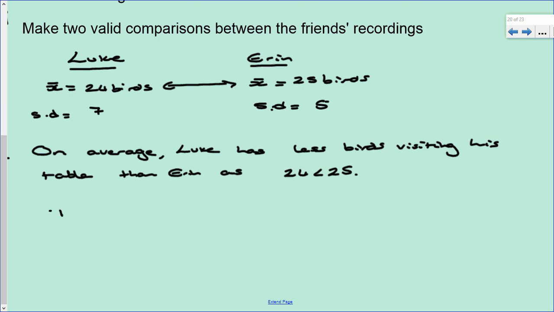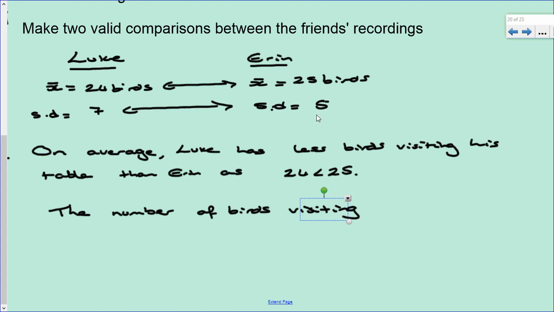And then we're speaking about the number of birds, so that's our context here. The number of birds visiting. Now, have a look. Here, Erin has a smaller standard deviation, so it means she's more consistent, and Luke has a higher standard deviation, which means he's less consistent.